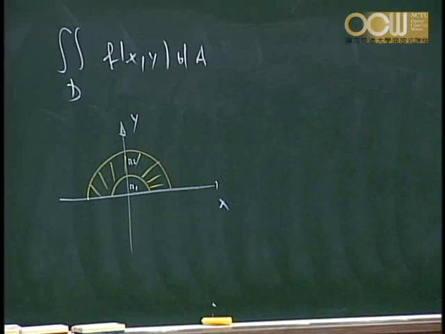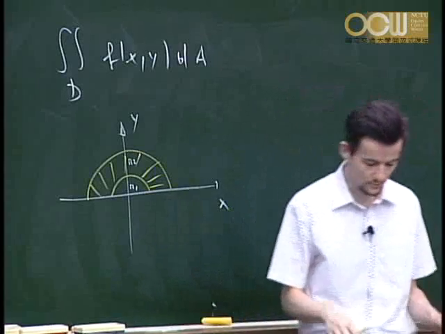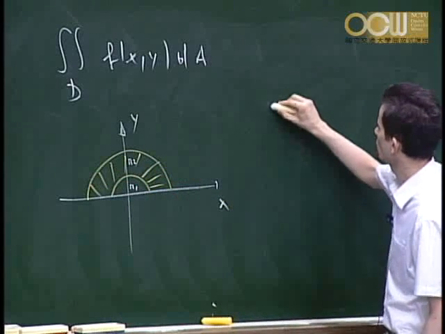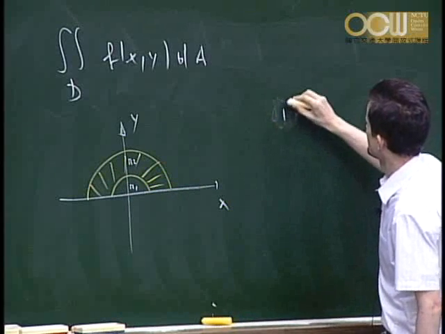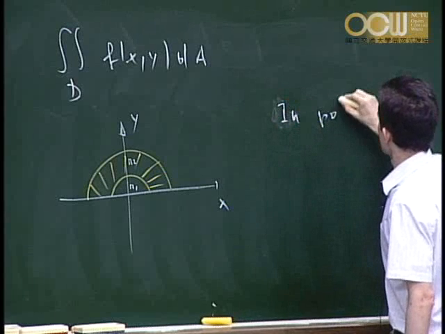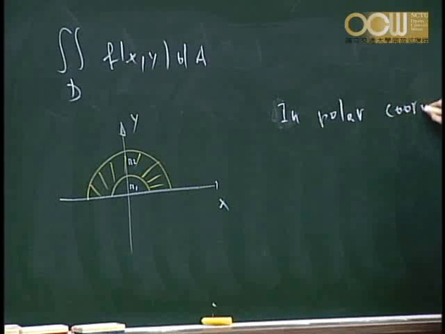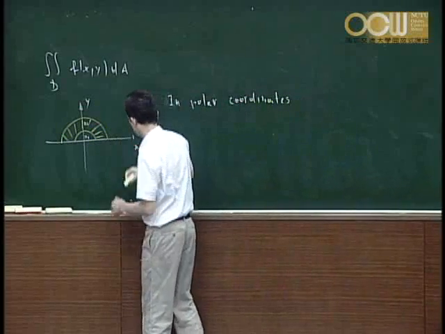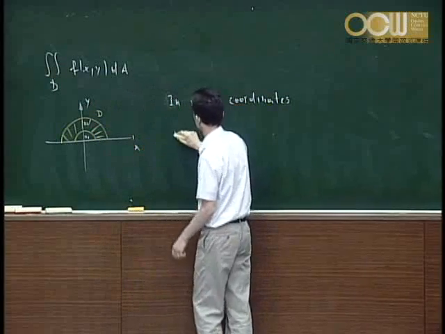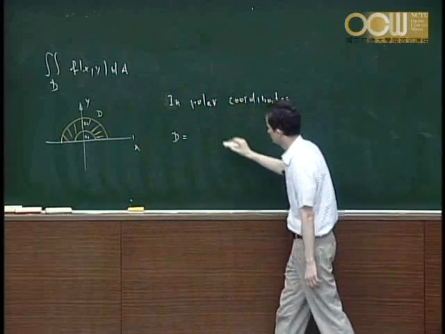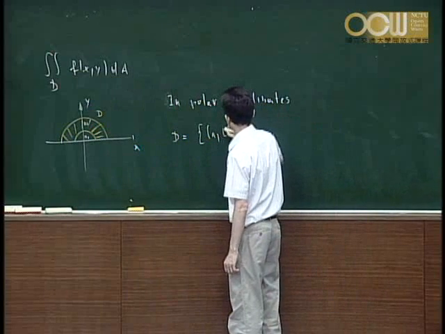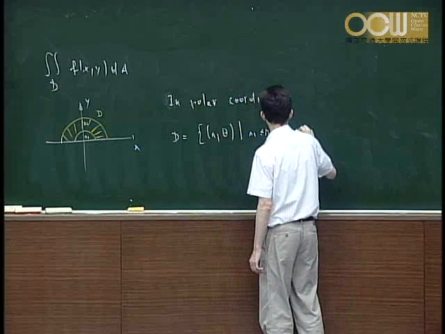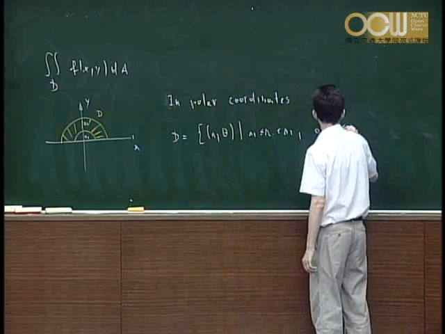Now, you observe that this kind of region, if you change to polar coordinates, becomes very easy, because in polar coordinates this region D is just the set of all (r, theta) such that r is between R1 and R2, and theta is between 0 and pi.